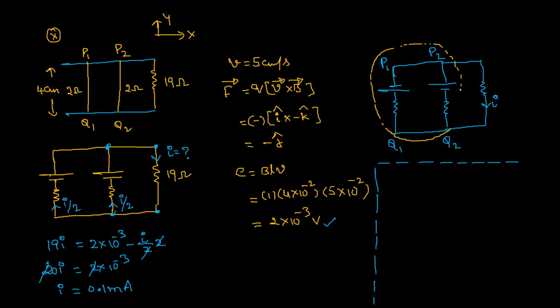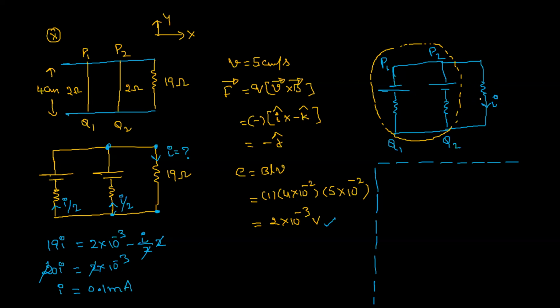For that battery, what is the equivalent EMF? Then see what I am doing here. For the time being, assume this is not present, because our intention is to replace these two cells with a single cell.